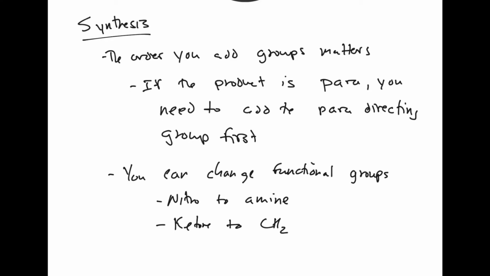Because there are some things that we can't directly put on the aromatic ring. So if you have an amine, it started out as a nitro group more than likely. If you have a CH2 at the benzylic position, it started out as a ketone, right? So there are a number of things that you have to remember. You have to be able to interconvert one functional group to the other because that's the only way you can get to them. There's no way to directly put a group on there.